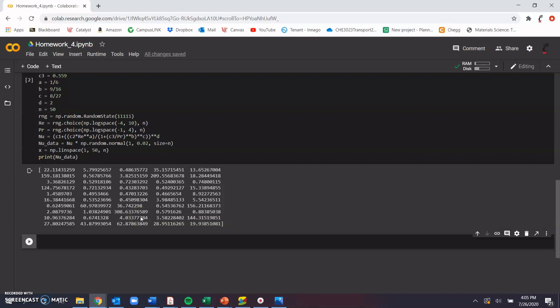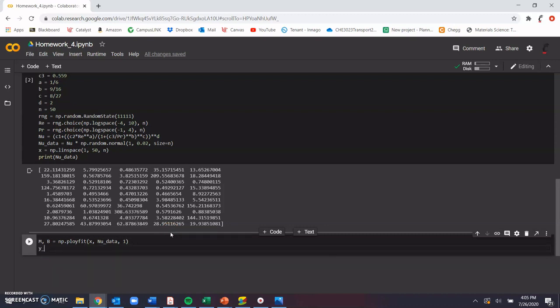So next thing we're going to do is generate our coefficients for our line of best fit equation that will show up on our plot. The easiest thing for us to do is we'll first try doing a linear fit to this data. So we'll use np.polyfit for that. And we are using our values from our x vector and our values from our Nusselt number data vector. And this will give us our values for m, our slope, and b, our y-intercept. So our y-fit, or our line of best fit, is then equal to m times x plus b.